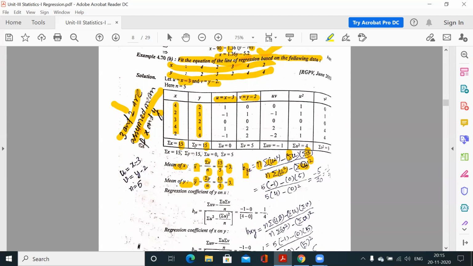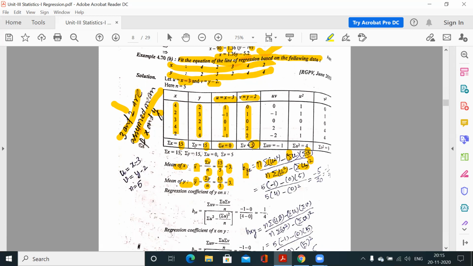Next we need summation u, summation v, the product and the squares. So u is x minus 3: 4 minus 3, 2 minus 3, 3 minus 3, 4 minus 3, 2 minus 3. These are u values. Next v is y minus 2: 2 minus 2, 3 minus 2, 2 minus 2, 4 minus 2, 4 minus 2. These are v values.